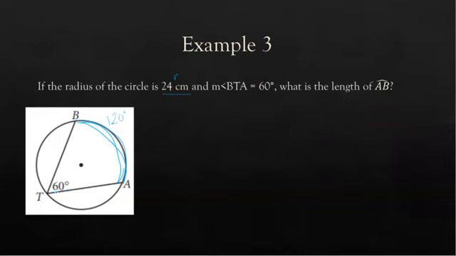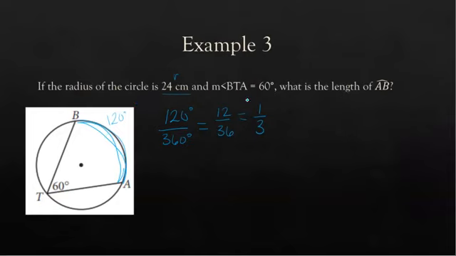So the fraction of our circle would be 120 degrees over 360 degrees. We can reduce that fraction by a factor of 10 and put it as 12 over 36. We can then reduce again by a factor of 12 and have 1/3. So right now we have 1/3 of this circle. If the radius is 24, what is the length?